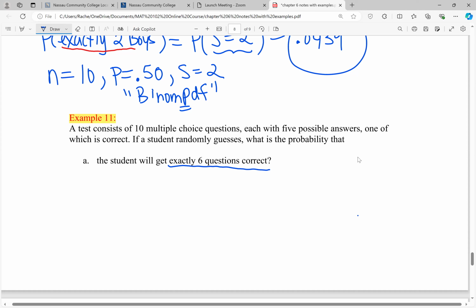So the probability for any one given question of getting it correct is going to be 1 out of 5, right? Because there's 5 total choices and only one of them is correct. And 1/5 is equal to 0.2. So that's really going to be the probability of being successful, right? Guessing and getting it correct, 0.2. And that stays the same for every single question because each question has 5 possible answers. So we just satisfied the conditions for a binomial experiment.